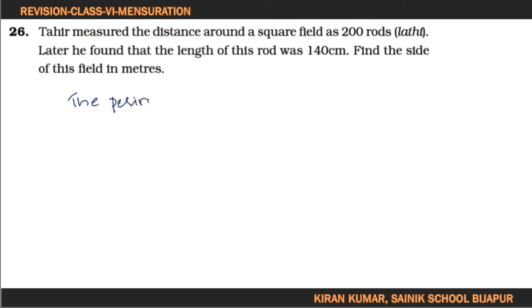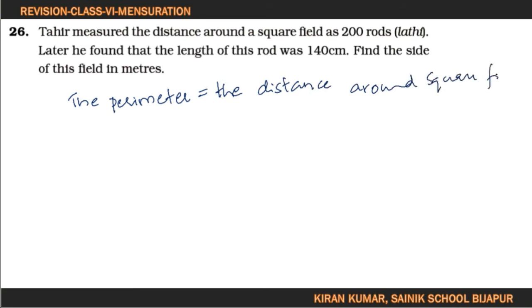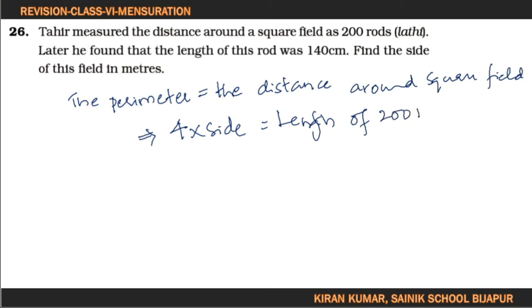So the perimeter will be equal to the distance around the square field. We all know that since it's a square field, 4 times the side is the perimeter. So 4 times the side will be equal to the length of 200 rods.